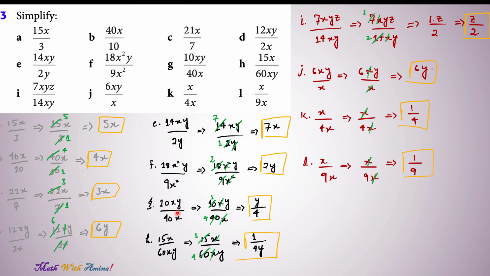Then we have 10xy over 40x. So we look for the common factor. 10 multiplied by 1 is equal to 10. 10 multiplied by 4 is equal to 40. So 10 gets cancelled and so does 40. We get 1 over 4.